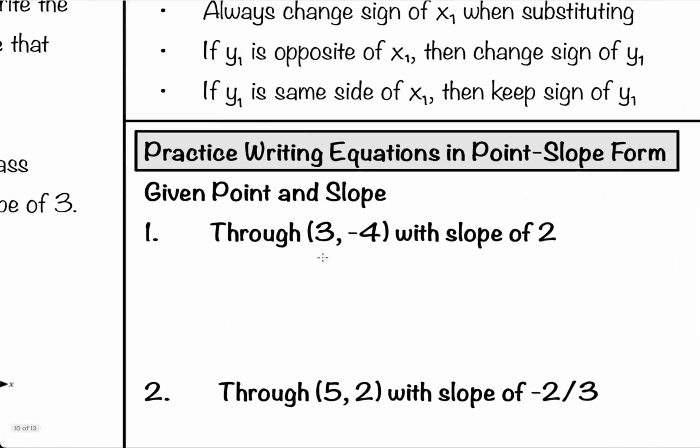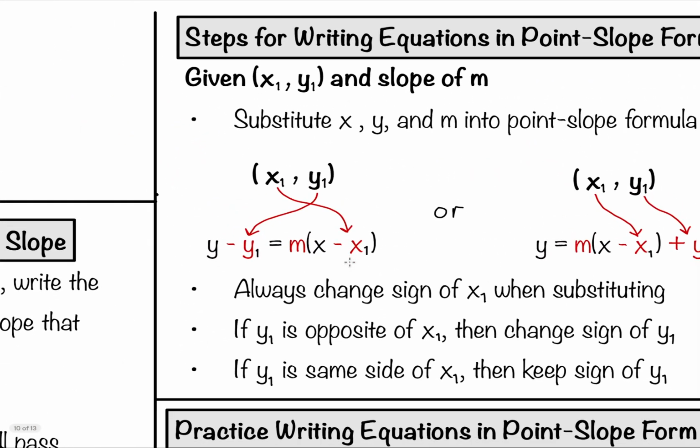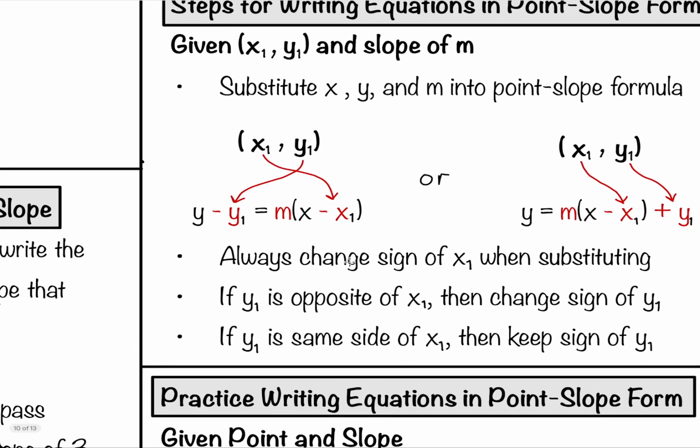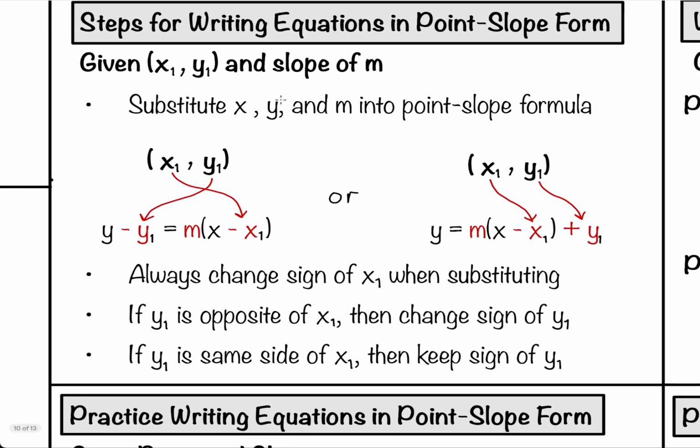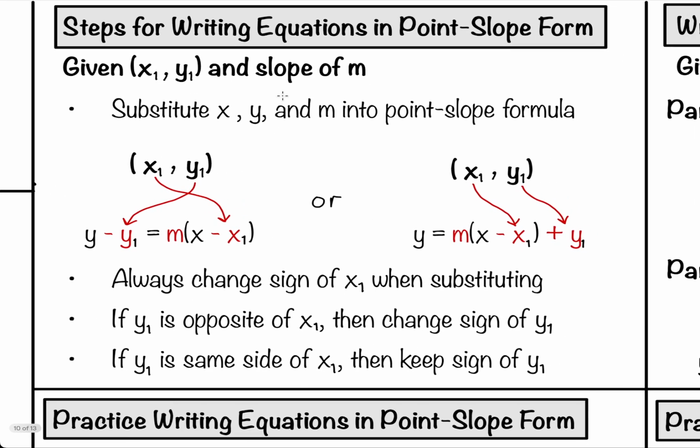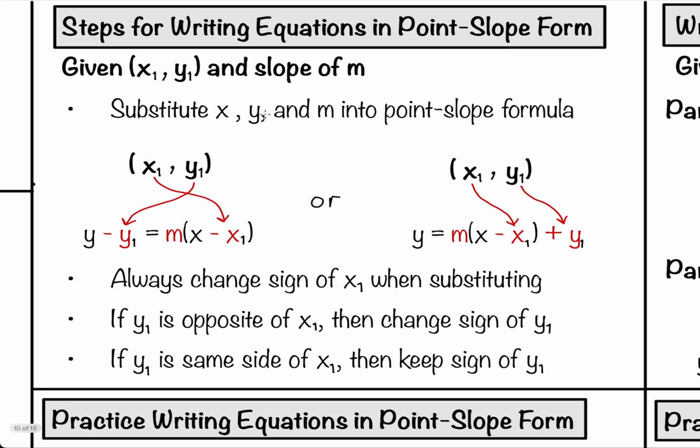Okay, so how do we do this? How do we write the equation? Well, it's actually a very simple process. Given a point, x1, y1, and a slope of m, we're going to substitute x1 and y1 and m into the point-slope formula.